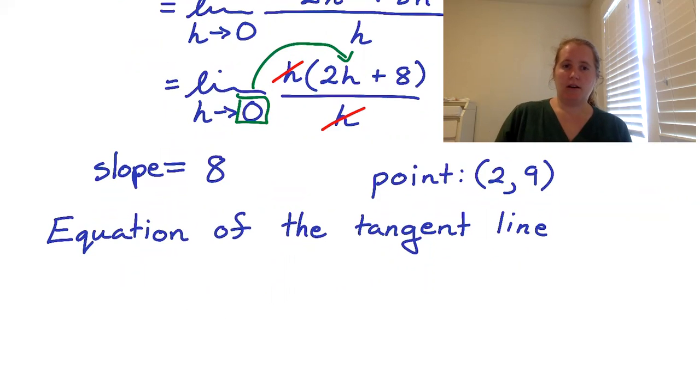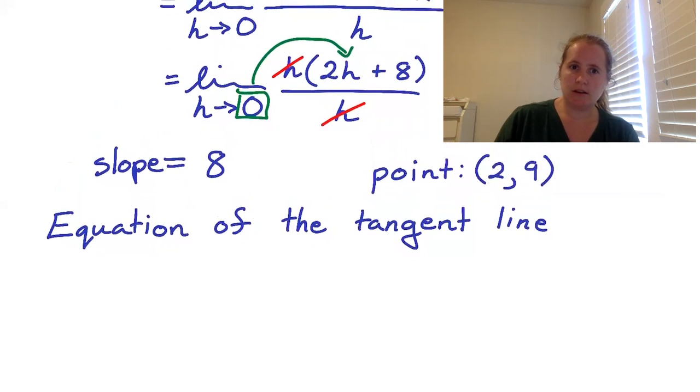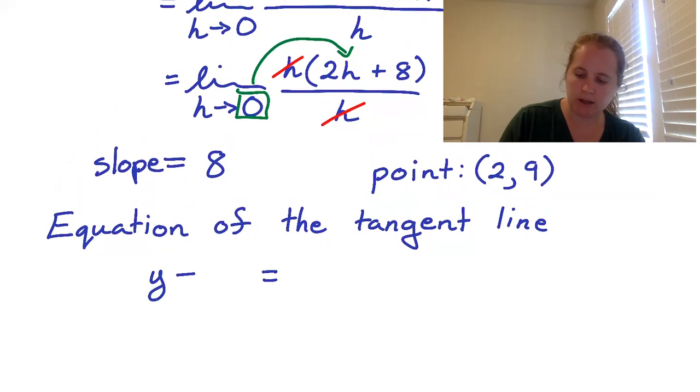Ultimately, at least on your homework, you will need to put your answers into slope intercept form. So if we did point slope form and then rearranged, again, point slope form, you do y minus whatever our y value is equals the slope times x minus whatever the x value is.